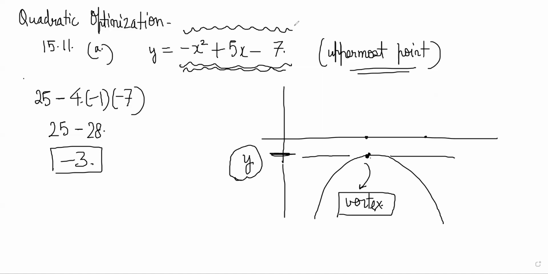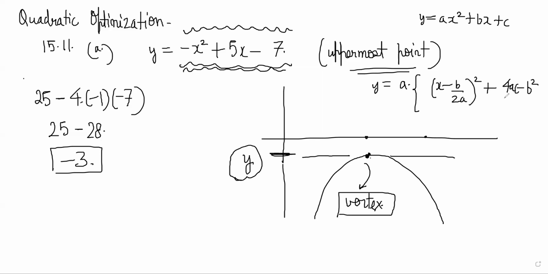For example, if you had y equals ax squared plus bx plus c, if you recall, we can write it as a times (x minus b by 2a) whole squared plus (4ac minus b squared) by 4a squared, right? This is the same thing as the original graph, but what we have done is completed the square here.